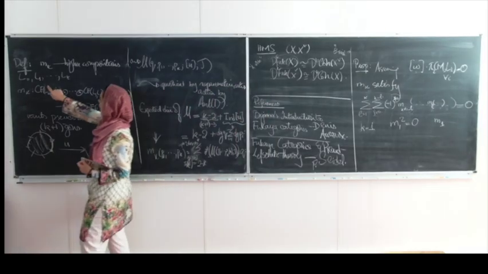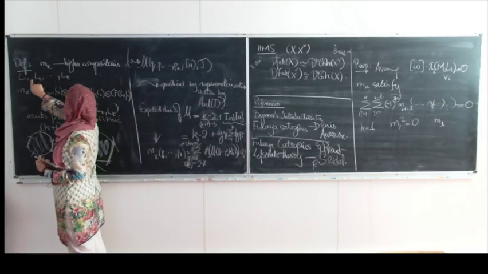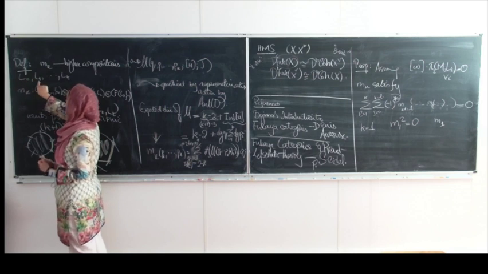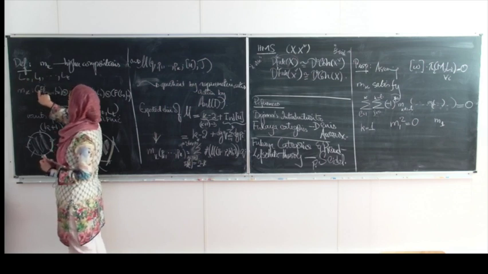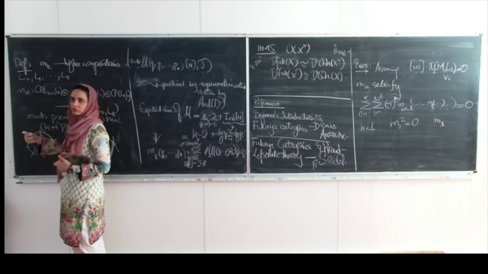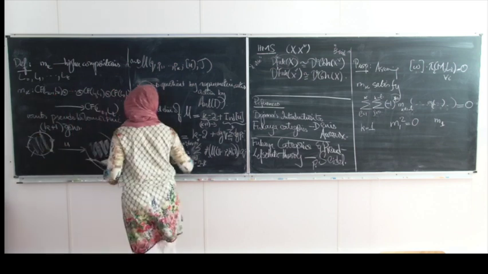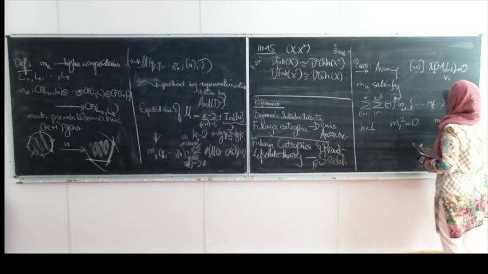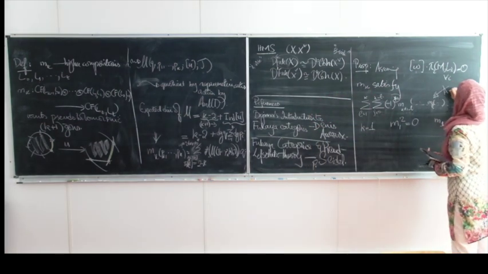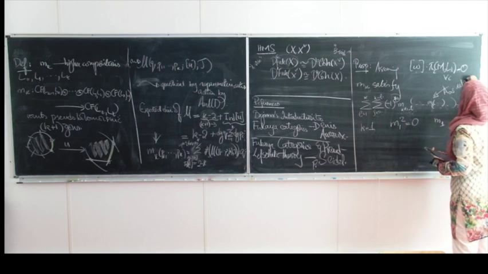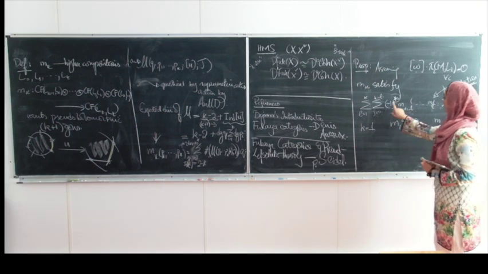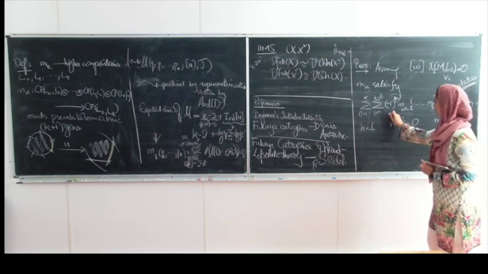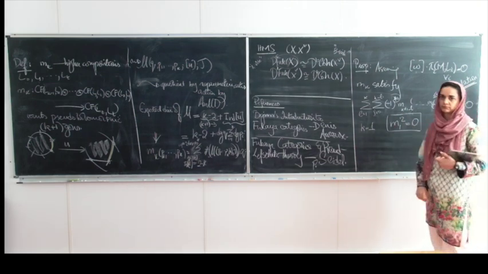If you have m_1, then you need only L_0 and L_1, and that's precisely the differential. So this is called the A infinity relation. What this boils down to is that the differential squares to 0.